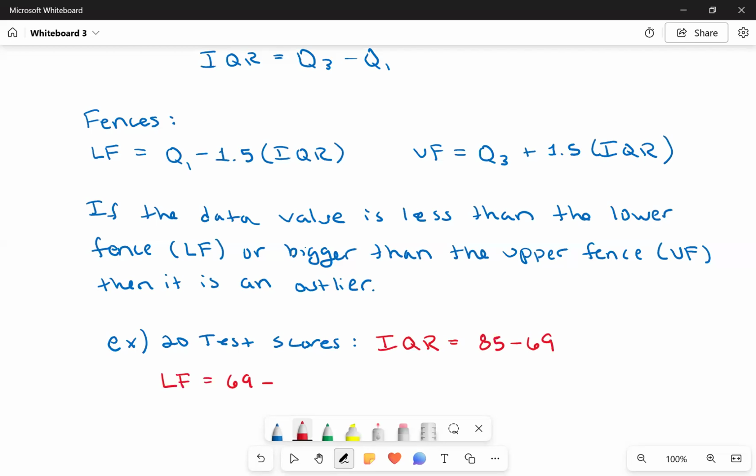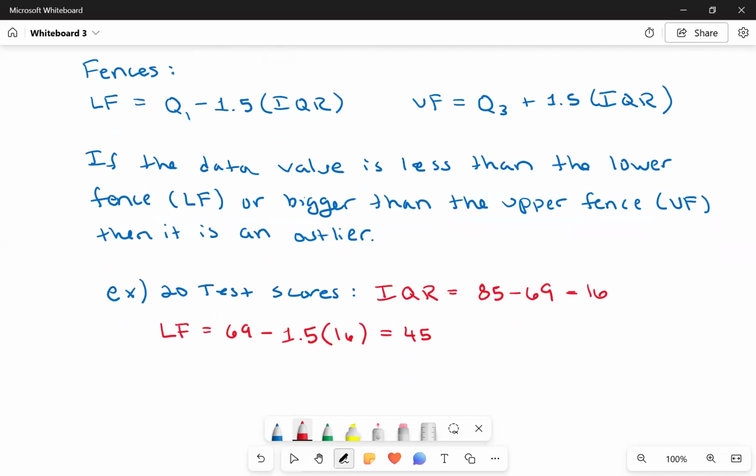Let me fix that. 85 minus 69 is 16. Okay, cool. So we're going to do 69, which is Q1, minus 1.5 times IQR, which is 16. I'm going to plug that in my calculator, and I get 45. So any score lower than 45 is considered an outlier.